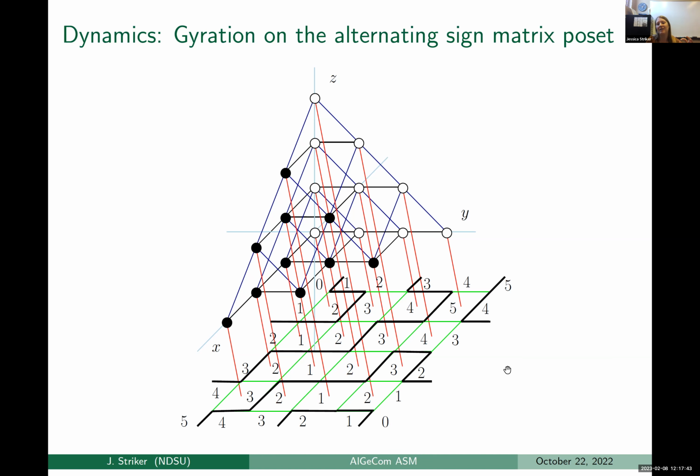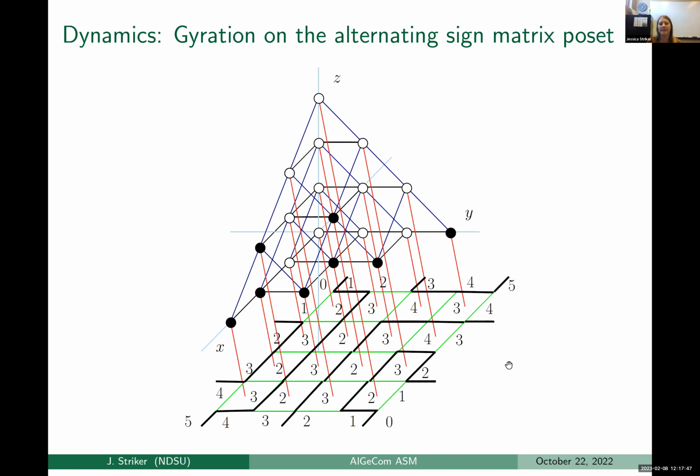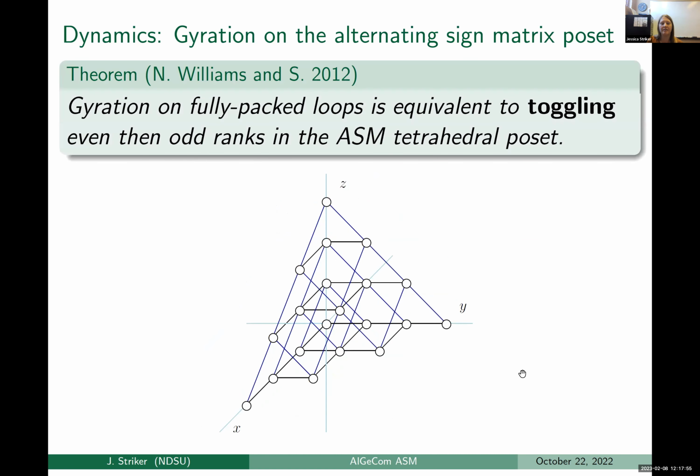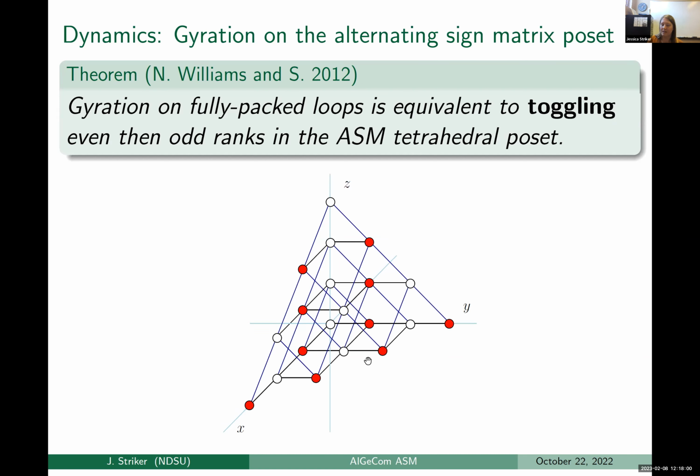And even better, if you do gyration on the fully packed loop, it has a nice effect on the order ideal. I can describe to you exactly what that effect is. You look at all of the even ranks of this poset. The bottom of this poset is these 4 elements down here.